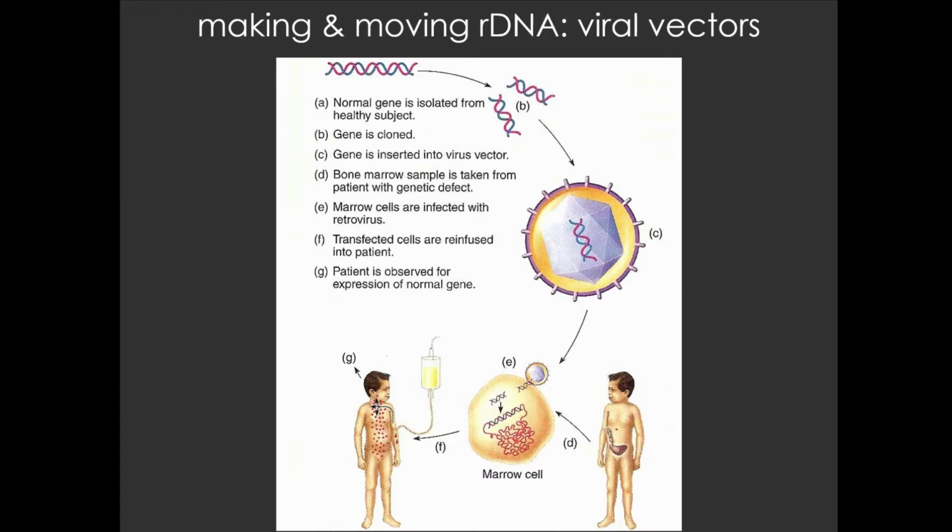Now, like I mentioned, there are some concerns with these gene therapies. Number one is that it's not useful in all instances where you have a genetic defect. They're only obviously useful when you have a recessive gene that's causing a defect.